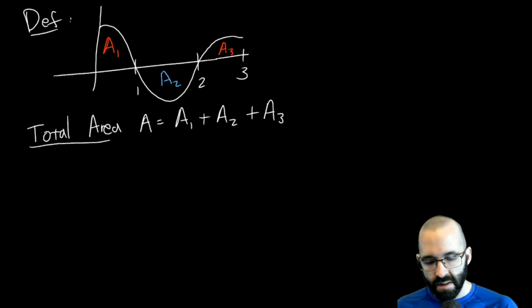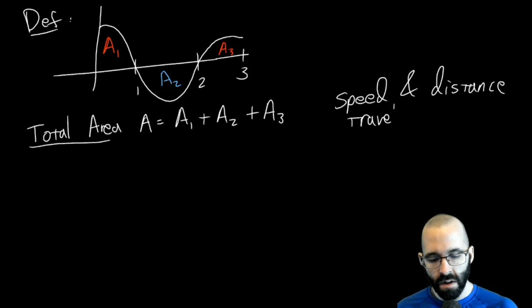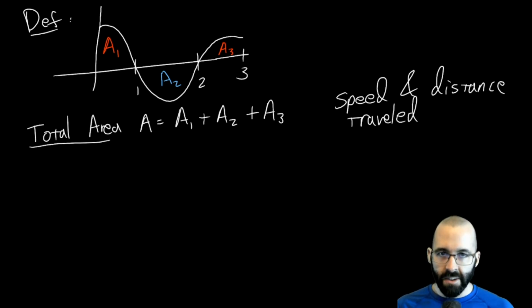This is going to come up a lot of times when we talk about the relationship between speed and total distance traveled. Remember, there's a difference between speed and velocity. Speed is always positive. Speed is what your speedometer says.